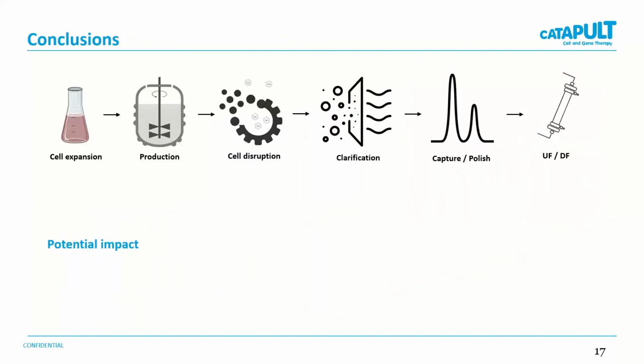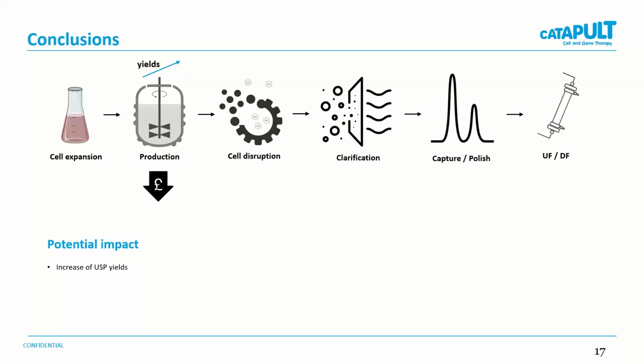All of that is still early result and quite exploratory, but we can think about the potential impact it can have on our AAV process. Like we saw, we could increase the yield of the production, and by itself, it's already a big win, because you're going to decrease the cost of your process.